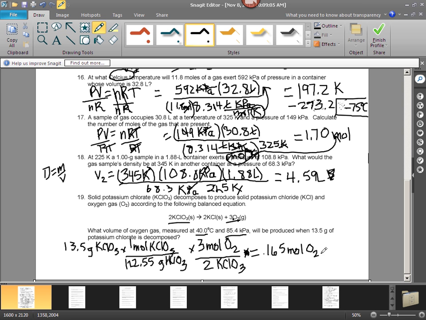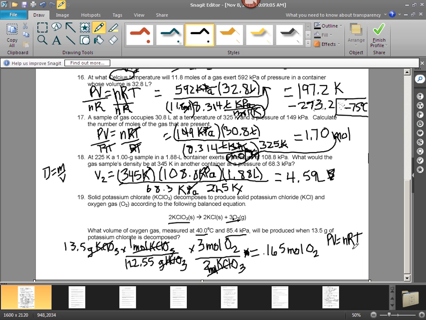And then, after you do that, you're going to use PV equals nRT. So now that we're in Unit 8, we're going to take that number of moles that you get after that third conversion factor. If you watch, those units will be gone. It should say moles. And you're left with moles of oxygen.